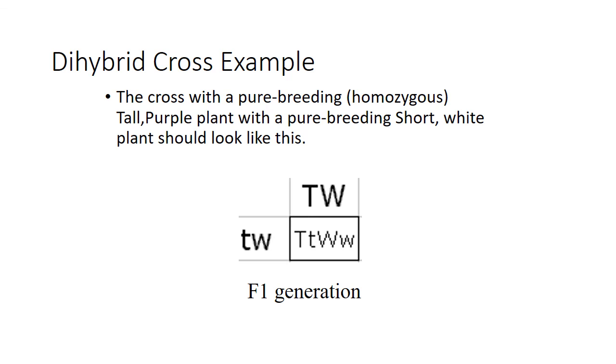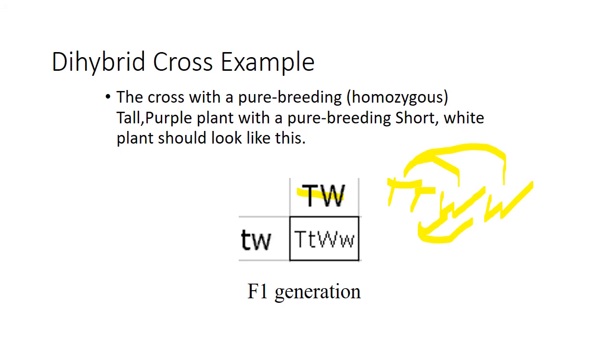And so if we had a parent generation that were true breeding, so they would all be big T, big T, big W, big W, breeding to a little t, little t, little w, little w, we'd get a big T, little t, big W, little w. And the reason for it is each parent can only give one type of gamete. This one is big T, big T, big W, big W. It can only give big T, big W, no matter how we go, first, outer, inner, or last.